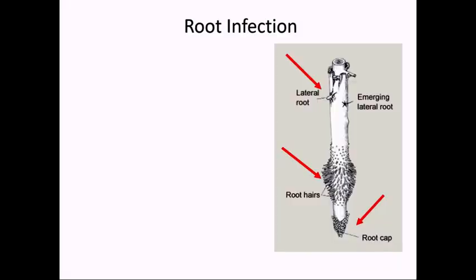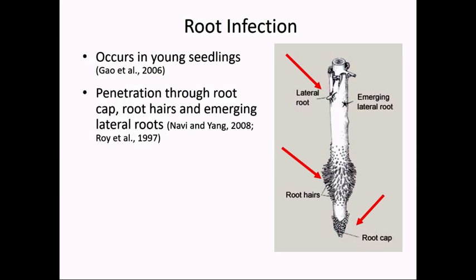So let's think about the root infection. What is known about that? It can occur in young seedlings, like I mentioned. The penetration, the fungus tends to use areas that are more vulnerable. For example, the root cap, the root hairs, and also emerging lateral roots. So there's natural wounds or young tissues that are more susceptible. The fungus establishes itself in the roots.